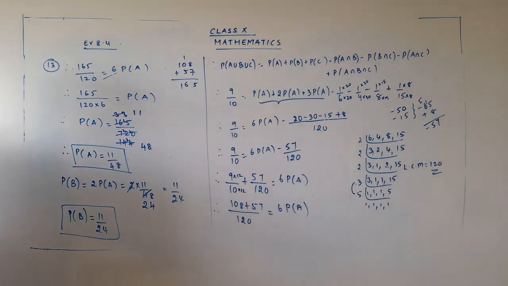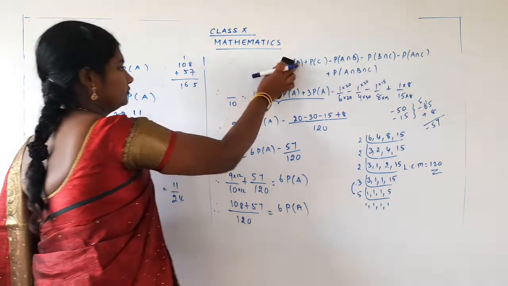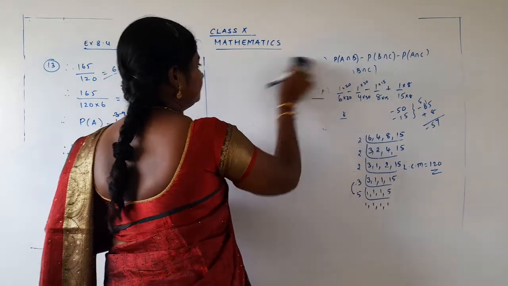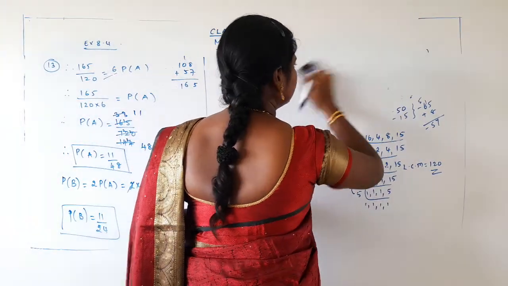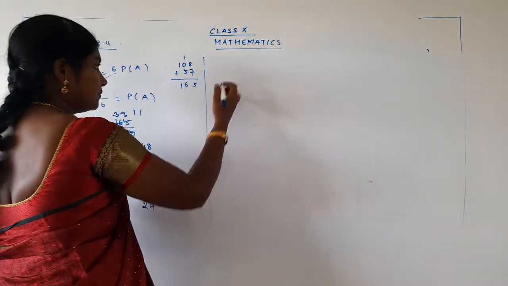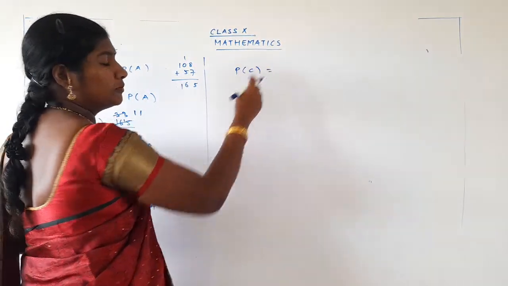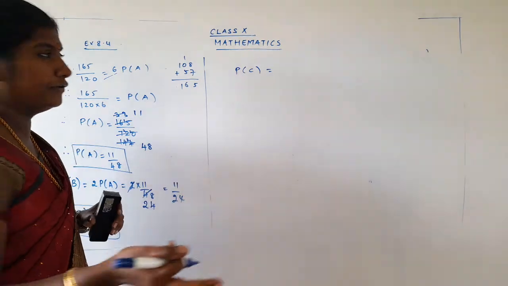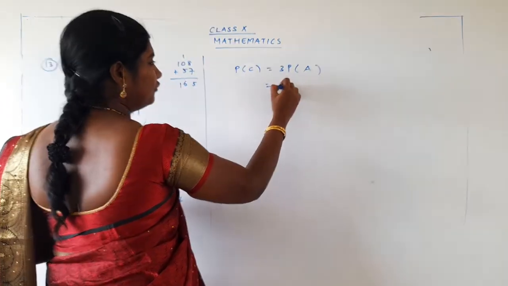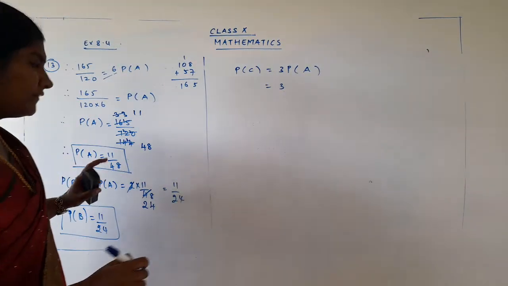Now let's go for probability of C. So what is probability of C? We know the condition for probability of C, it is thrice probability of A. So put here 3 times probability of A. I know the value for probability of A, that's 11 upon 48.